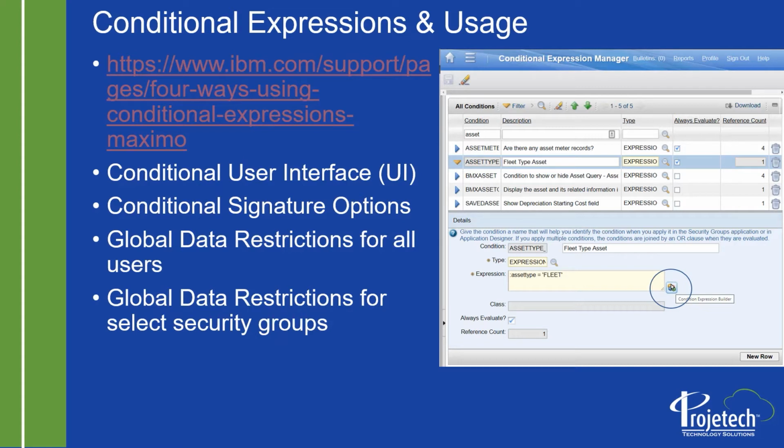Global data restrictions for specific objects or attributes can be configured for all groups or specific groups, and when I say groups, I mean security groups. In this demo, we'll apply a global restriction to require fields based on a condition for all users, just as an example, different from the previous example.